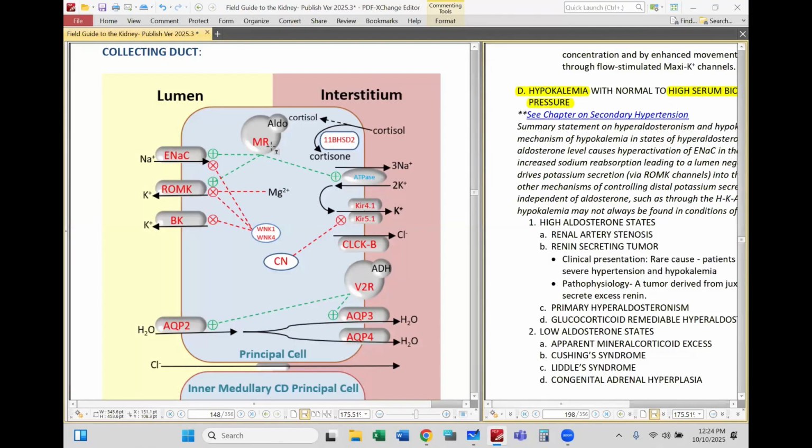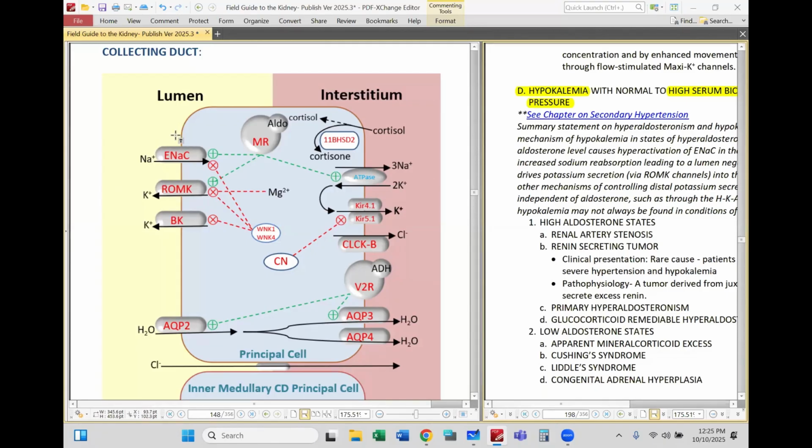Okay, so if I have hyperaldosteronism and I am able to reabsorb more sodium via ENaC because of that, I create a more lumen negative potential difference. The aldosterone binding its mineralocorticoid receptor also increases ROMK conductance. The net effect is high urinary K excretion rates, okay? High urinary losses.